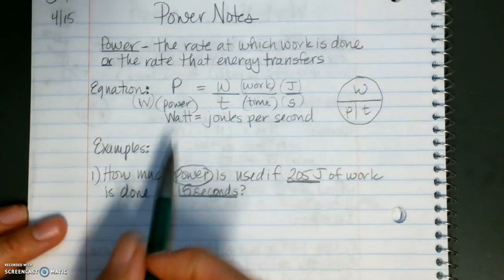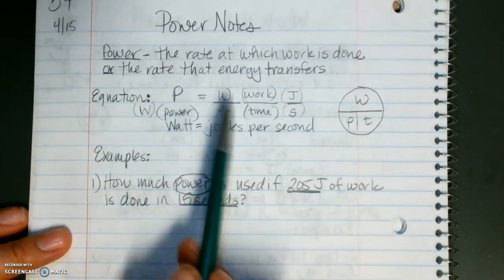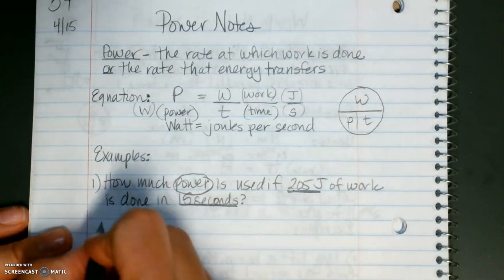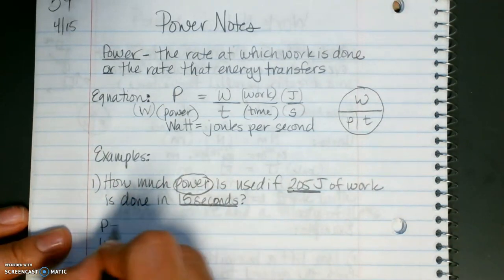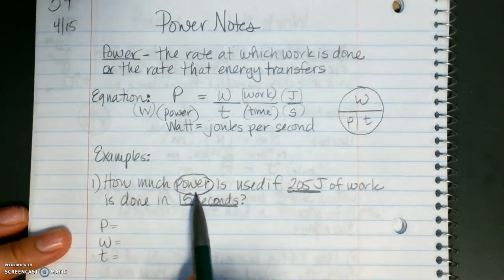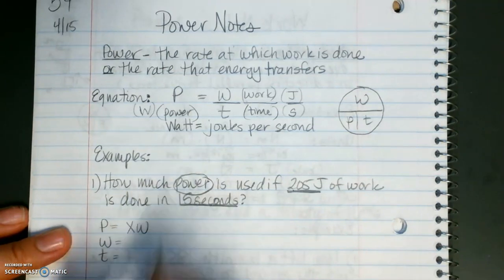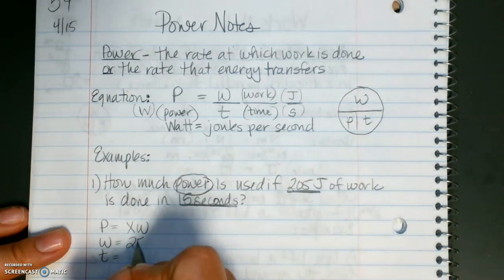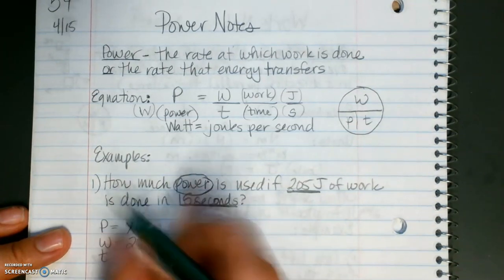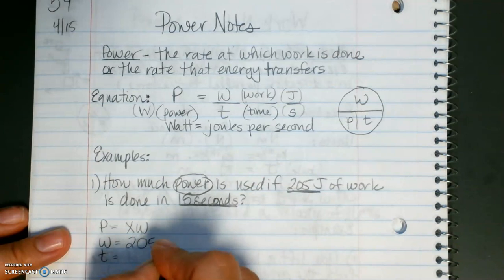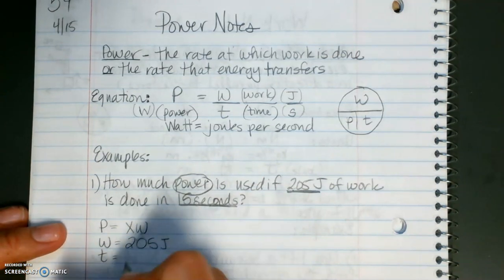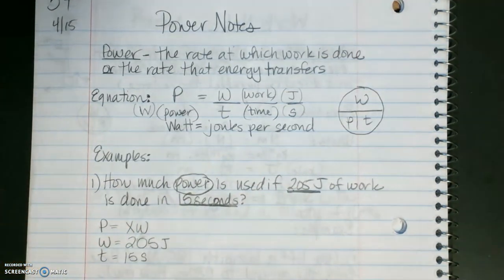We're still going to need all three variables, a P, a W, and a T. So I'm going to write those down. Since we're looking for power, that's going to be an X watt, and work is 205 joules, and my time is going to be 15 seconds.